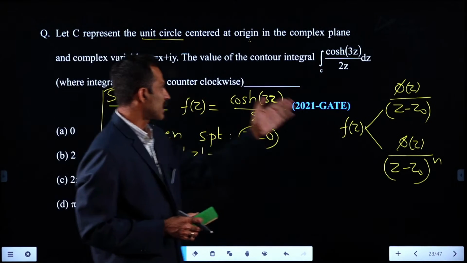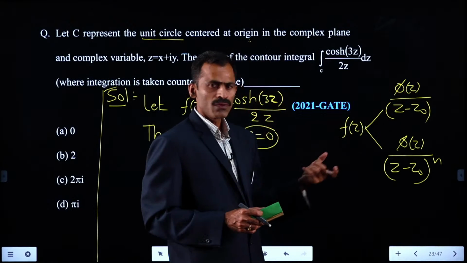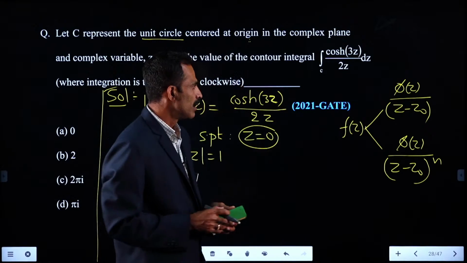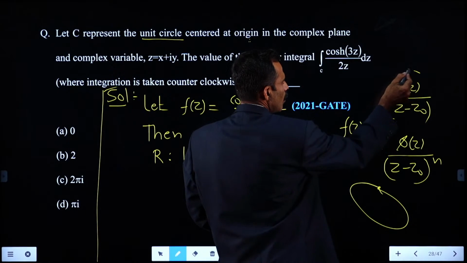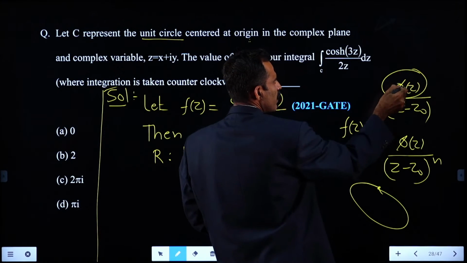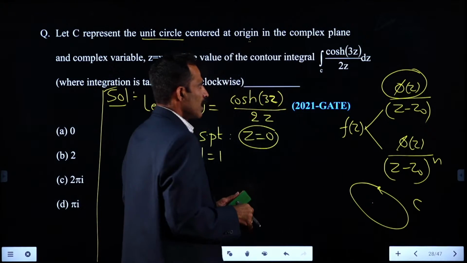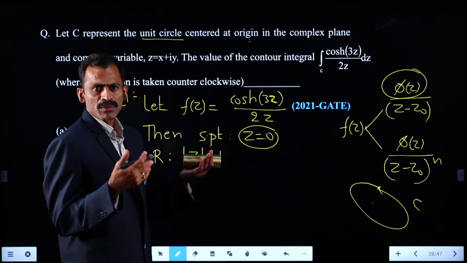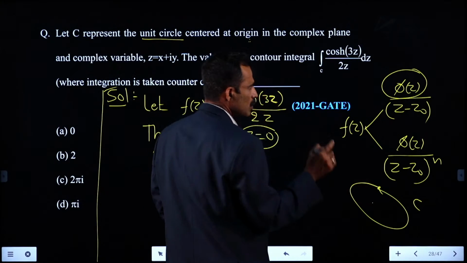After expressing this function like this, we verify the two conditions. For the numerator we have one condition, and for the denominator also we have one condition. According to the theorem, the condition is like this. Whatever function you take in the numerator, it should be analytic inside C and on C. Outside the region, it may or may not be analytic, that doesn't matter. But inside the region and on the region, it should be analytic.